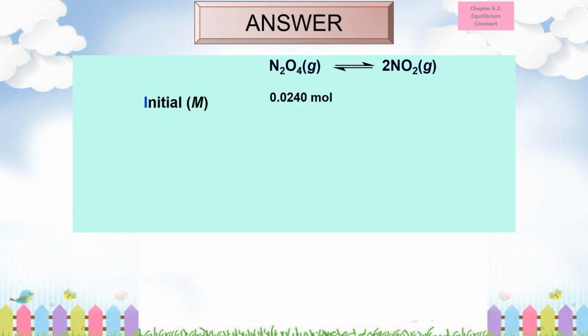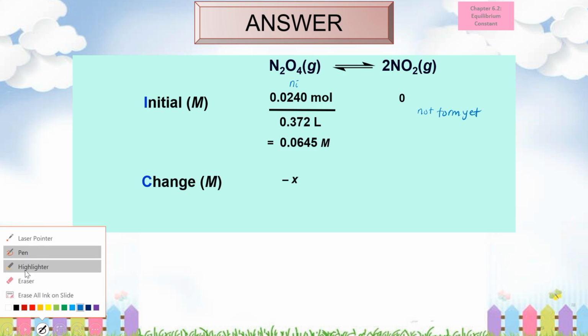For the ICE table, first of all, the question is not giving the initial concentration, so we have to calculate it: moles of N2O4 initial over volume. So the initial concentration of N2O4 is 0.0645 molar. As for the product, 0, because it is not formed yet. Next, for the change in concentration, refer to the coefficient.